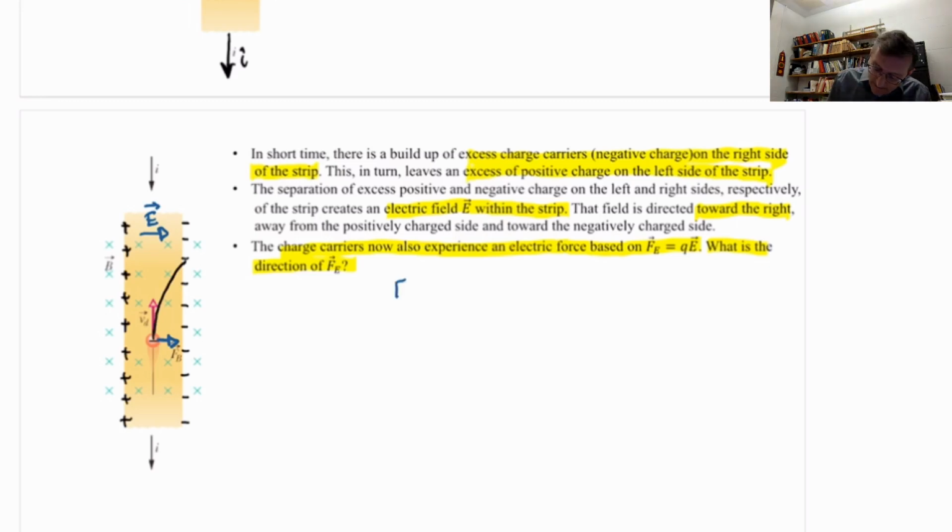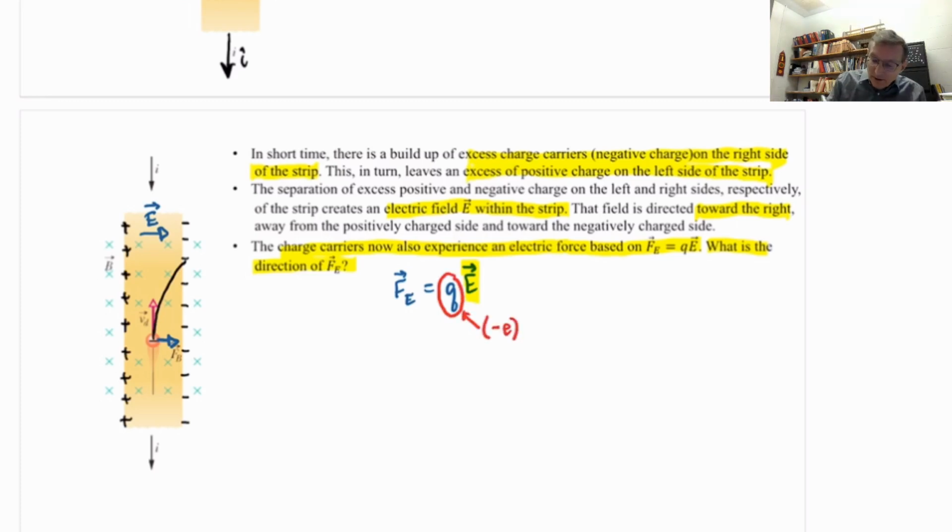Okay, are you ready? So we're using this formula to learn about the electric force on one of our conduction electrons. We know which direction the electric field is in. E arrow is to the right within that conducting strip. But our particle is an electron. So the Q is negative little e.